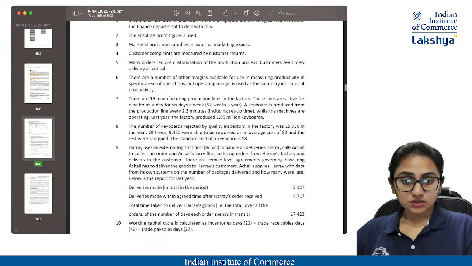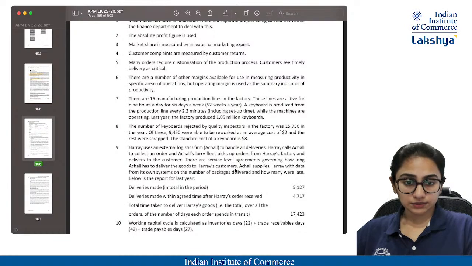Harry uses external logistics from Achel to handle all deliveries. Harry calls Achel to collect an order, and Achel's lorry fleet picks up orders from Harry's factory and delivers to the customer. There are service level agreements governing how long Achel has to deliver the goods.